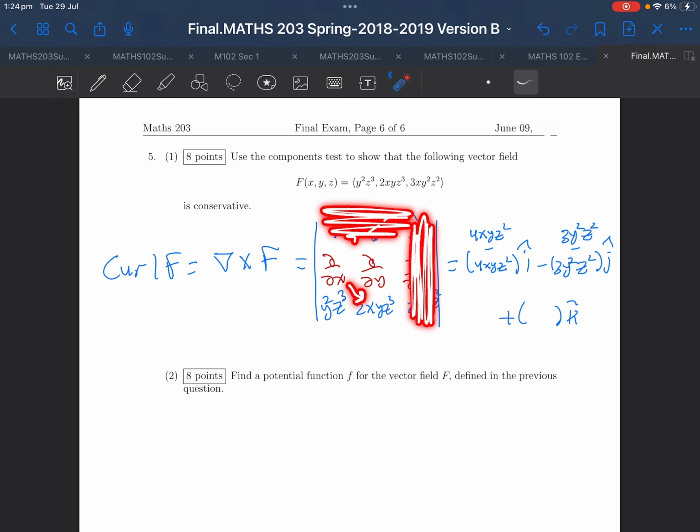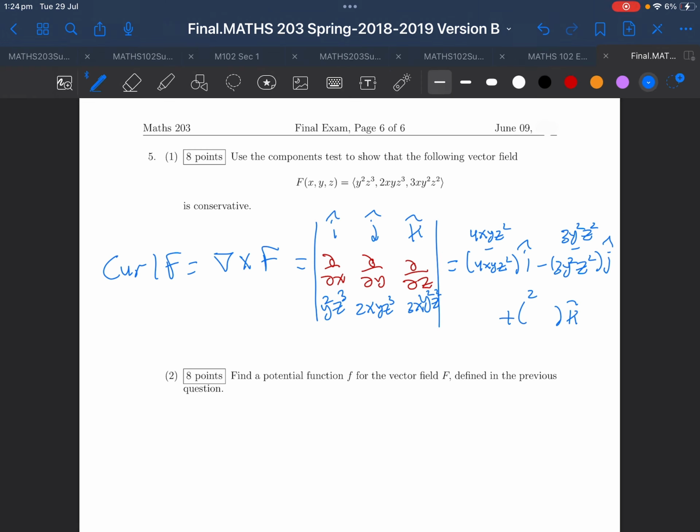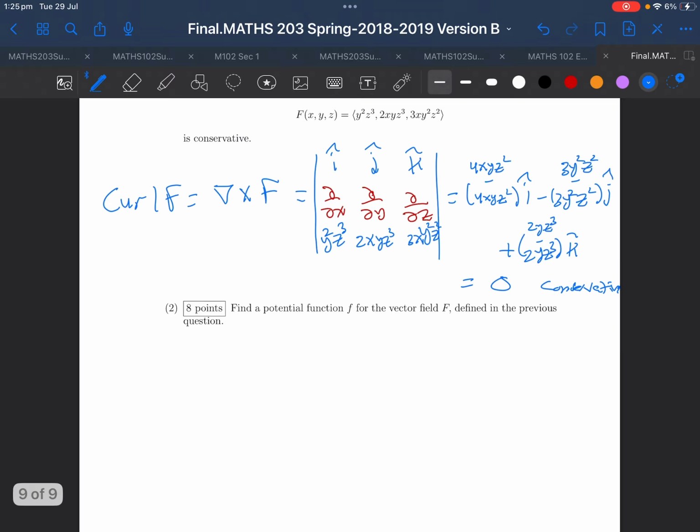If we do this, we will get 2yz cubed minus, if we do this one, we will get 2yz cubed, which is 0, so it is conservative.